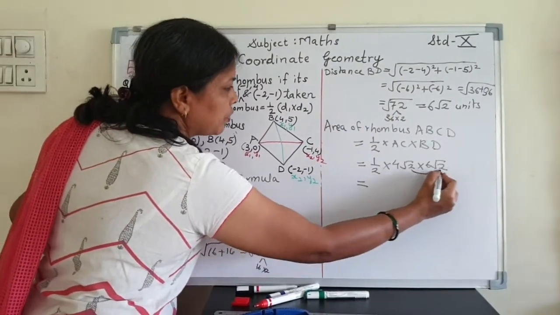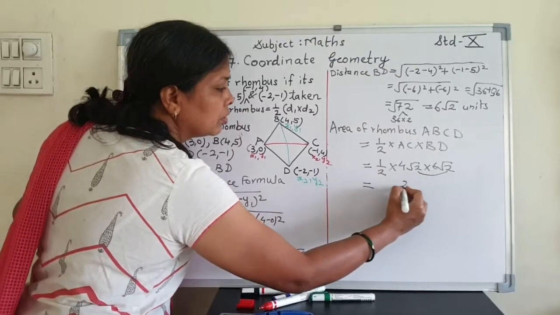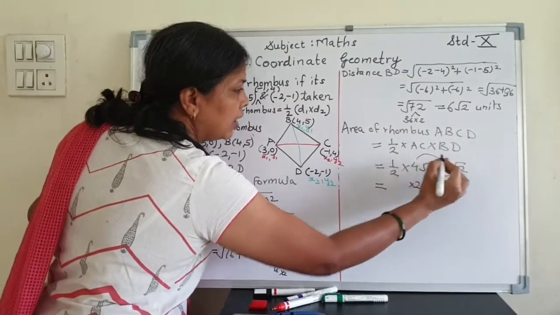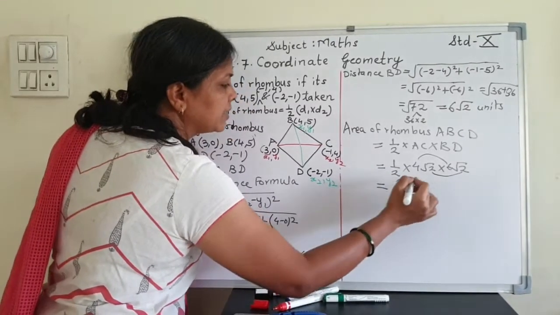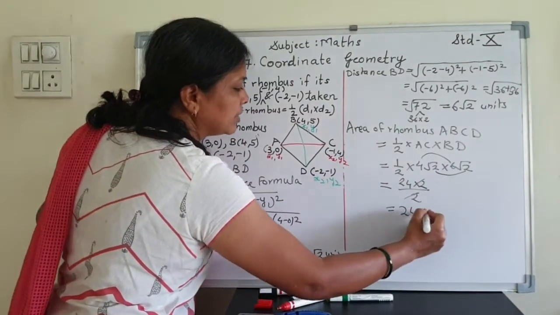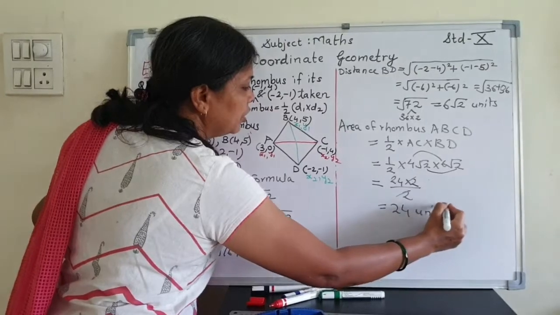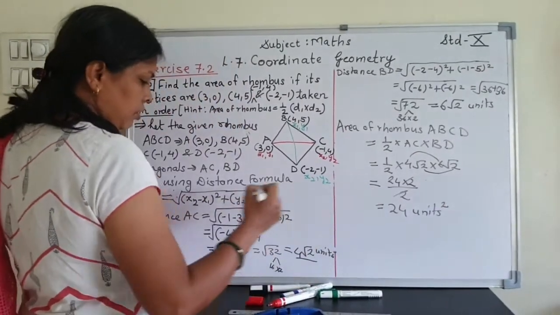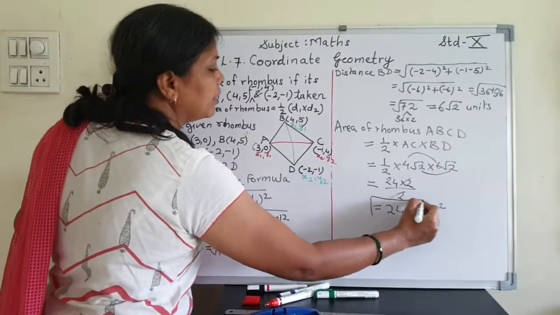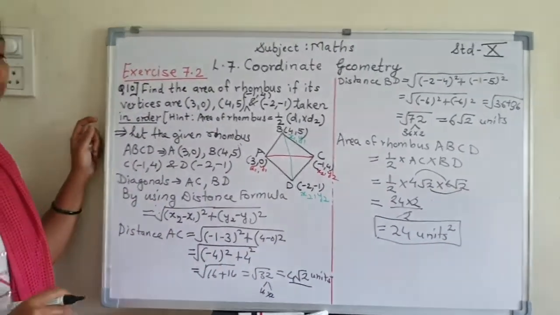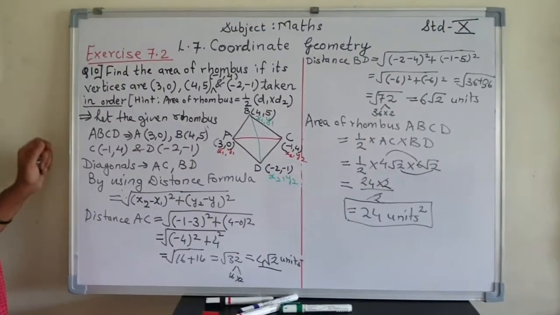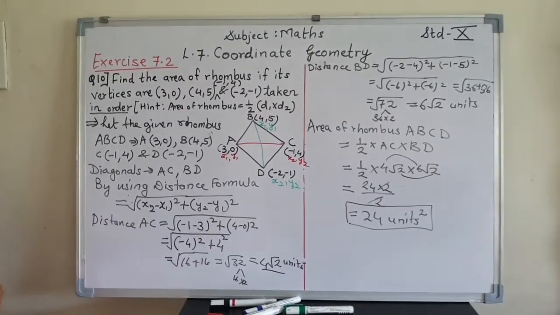Square root 2 times square root 2 gives us 2. 4 sixes are 24. Here 2 is down, that gets cancelled. So finally we get the answer as 24 square units. Please take a pause and write this down.